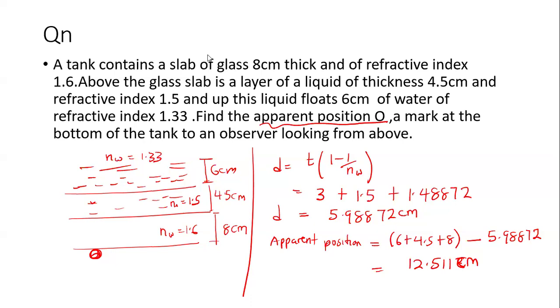The 5.988 is the apparent displacement, how far the object was displaced from the bottom. But now they're asking, for someone above, at what position is he viewing the object? So they wanted you to obtain that apparent position. Hope that is very clear. Let me know in the chat whether we can continue.